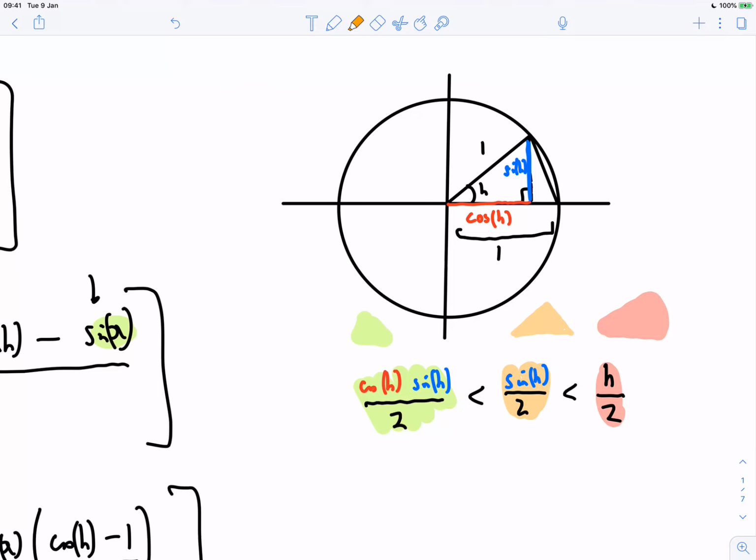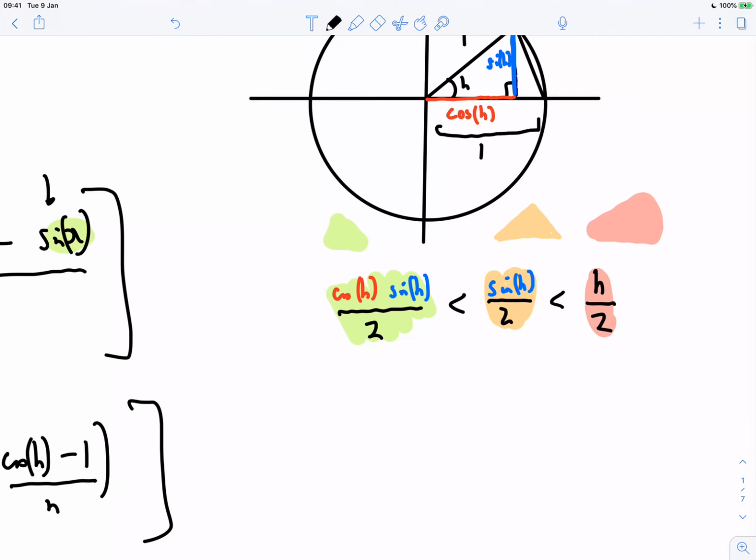Okay. Right. Now let's do some algebra with this. For a start, we can multiply all of them by 2. So if I do that, there's no longer any fractions, like so. And then since h is a positive constant, I can divide everything by h and it should be okay.